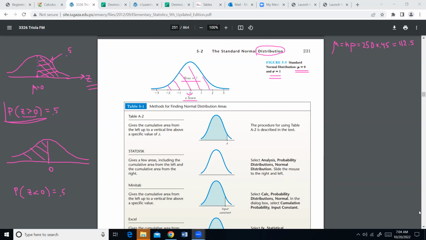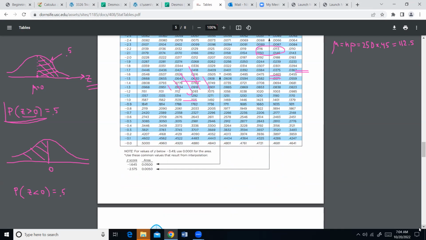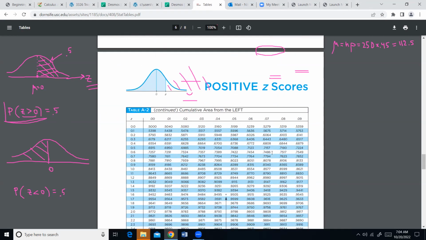They could actually be pulled from the tables. So if you look at the tables that give you areas from 0 to the left, I need to find the page where they have so-called positive z-scores.